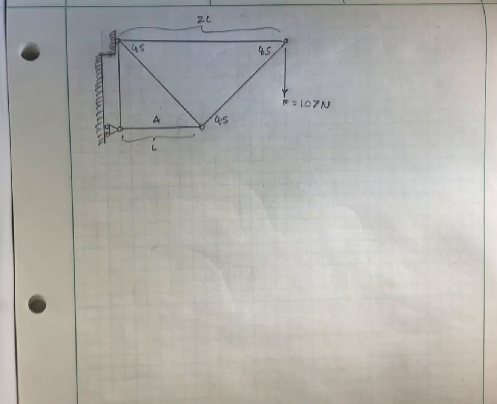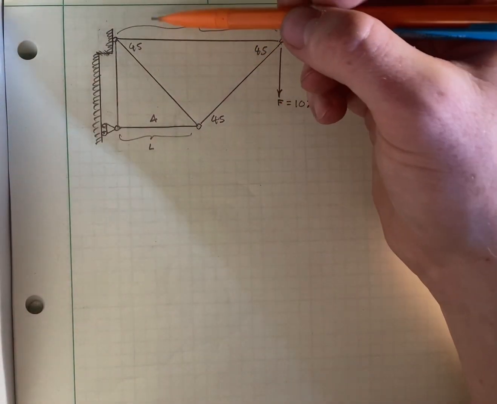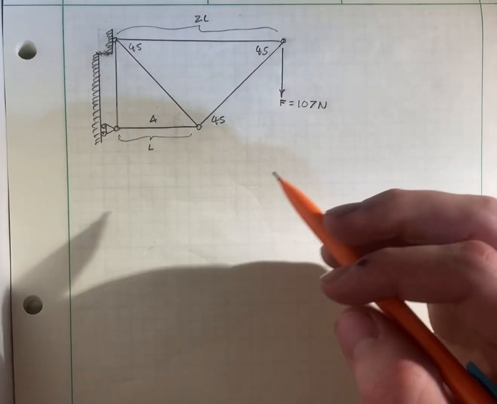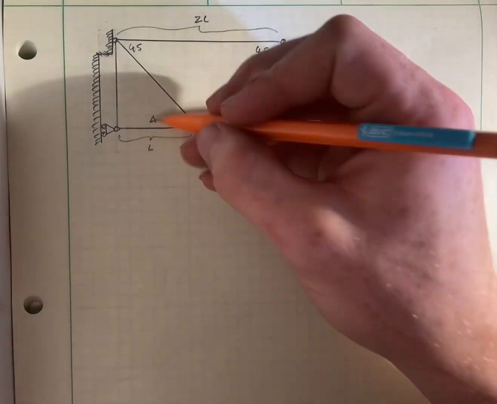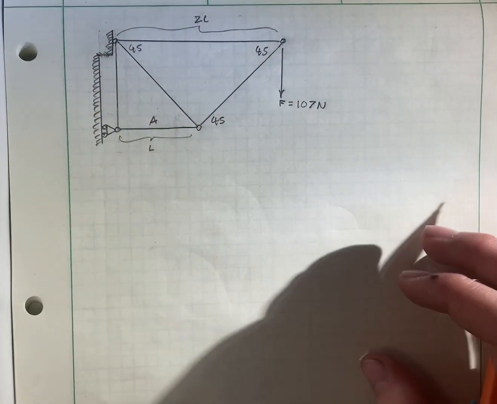Like what are the forces in this one member, or maybe it's a couple, but you can still do sections for that as long as you make the cut to section it off into separate sections. Just make your cut going through the member that you're looking for.